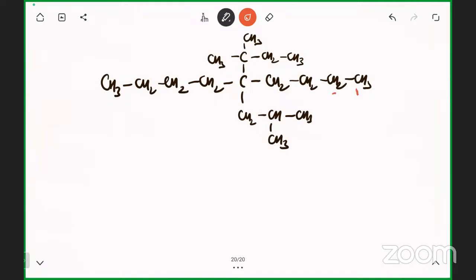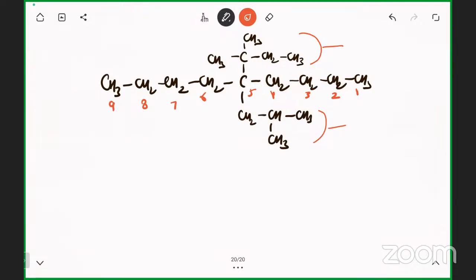Right side. 1, 2, 3, 4, 5, 6, 7, 8, 9. If I go from the left side or right side, the same thing will be there because the substituents are added on the same position. Okay, what I prefer is to first write the name of the substituent in rough.